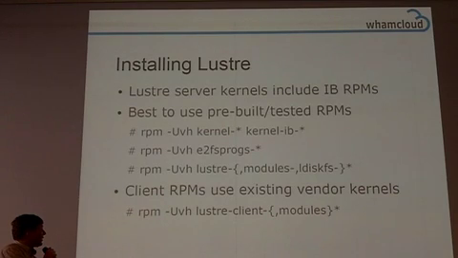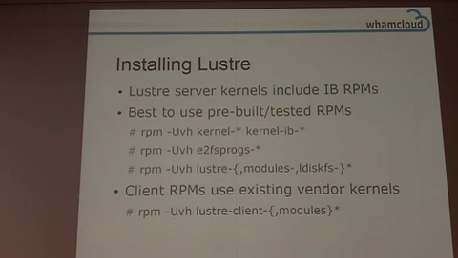So this is getting into the nitty-gritty. One of the things when people are doing their own Lustre installation is there's two sets of RPMs that can be installed, and it's a bit confusing if you're not familiar with it. On the server side, InfiniBand used to be a lot of work to get working with Lustre.